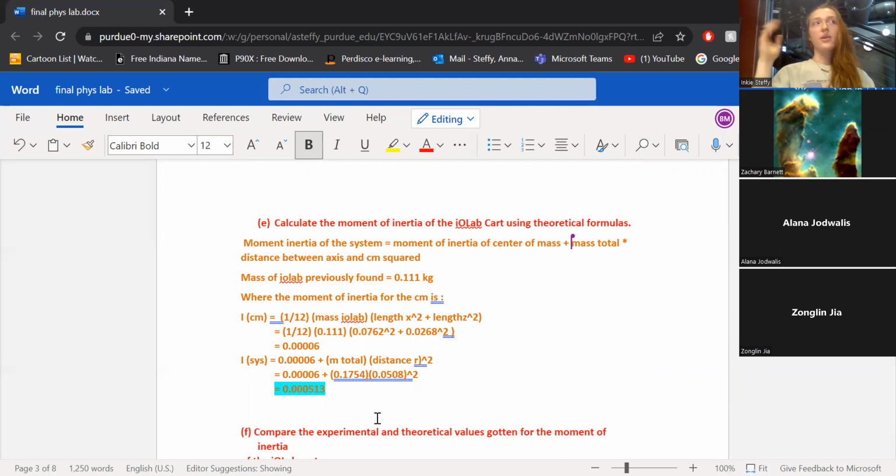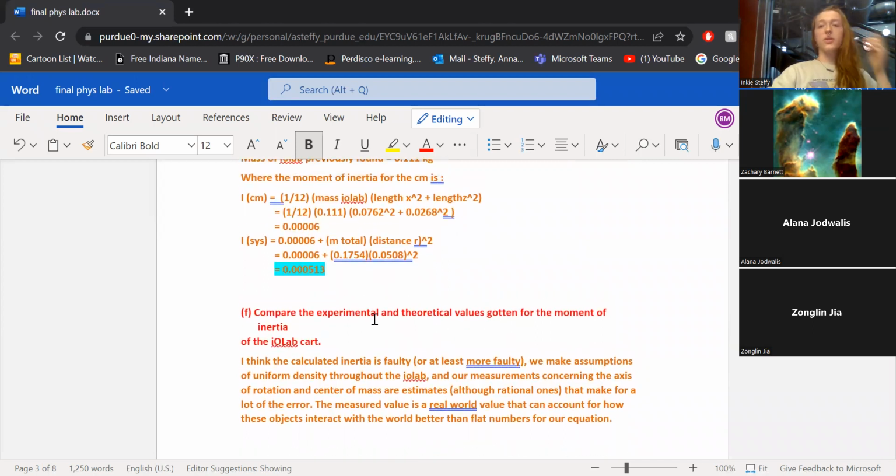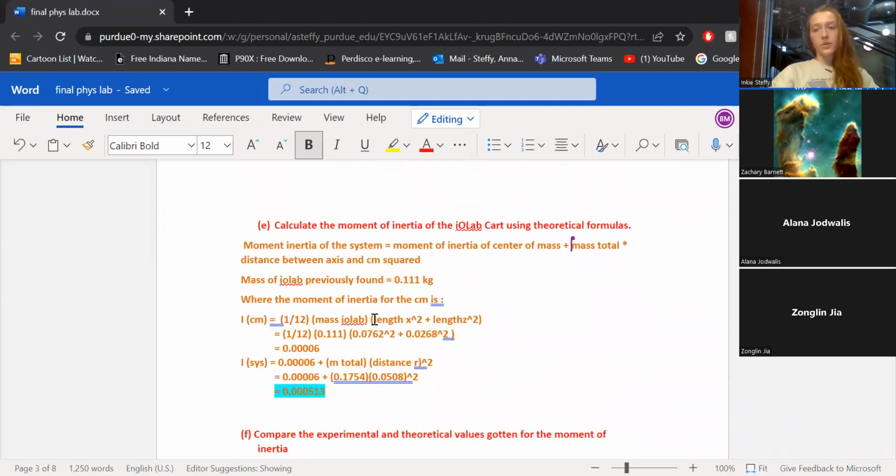I'm assuming a lot in both because I'm taking measurements in both, but in the theoretical plane, I'm assuming literally everything, whereas in the iLab, I'm getting at least some real data, and my graph didn't look poor. So comparing the two values, I would trust the iLab one more.